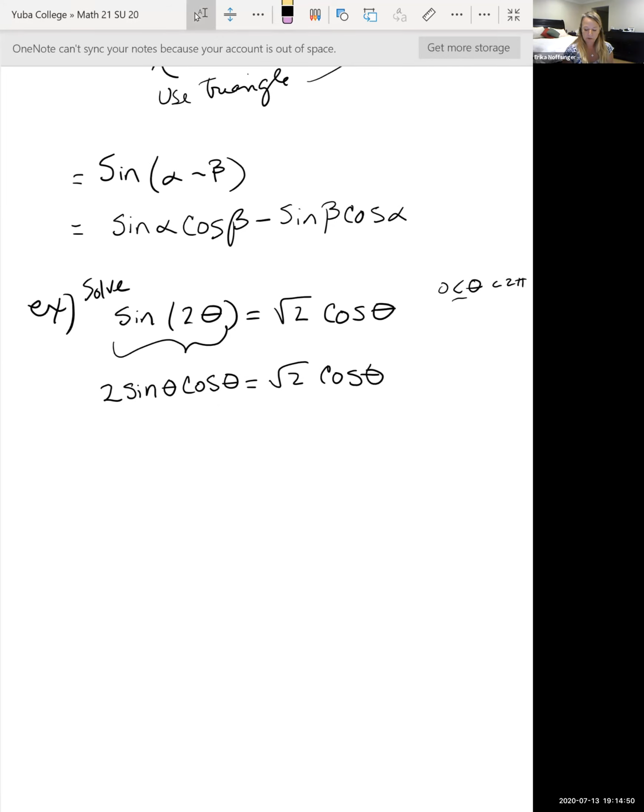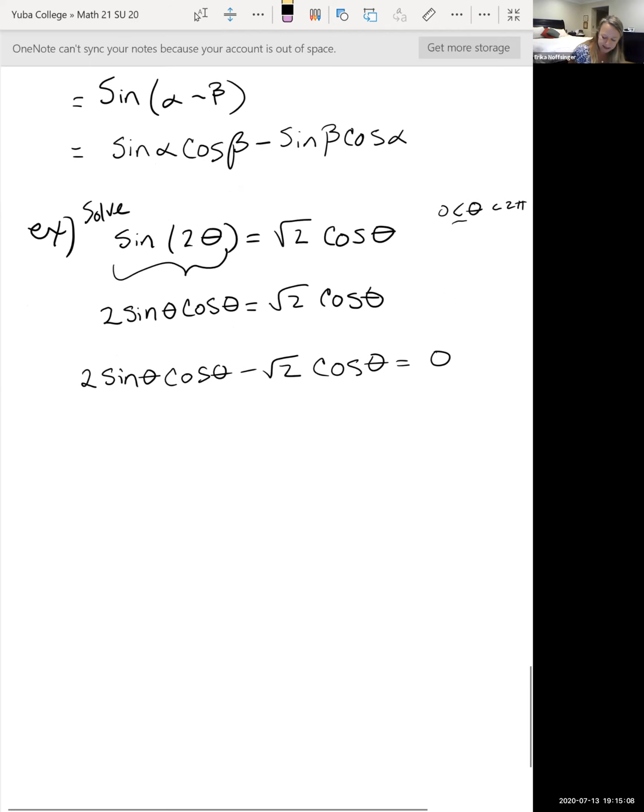Notice if we rewrite this, set it equal to 0, we can factor out a cosine theta. So we have 2 sine theta cosine theta minus root 2 cosine theta equals 0.